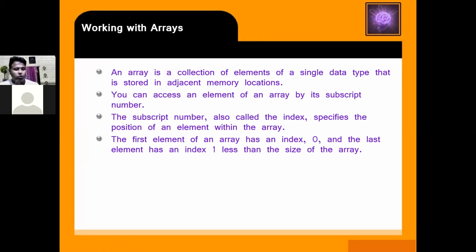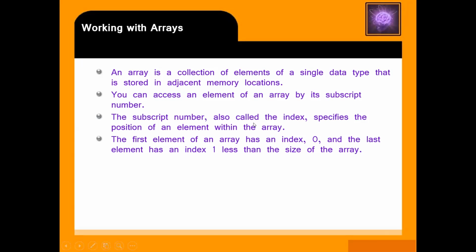So there is no need to define more than one variable. You define a single location where you store all the values. You can access an element of an array by the subscript value. Just a minute, I will show it on the whiteboard.